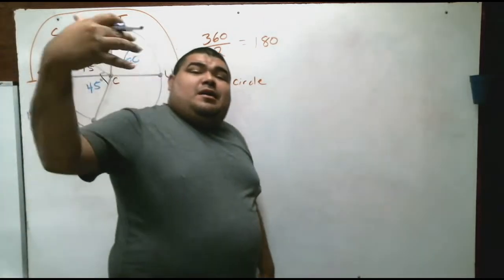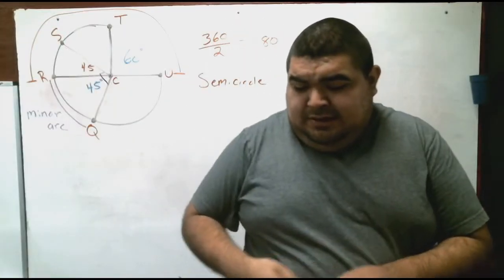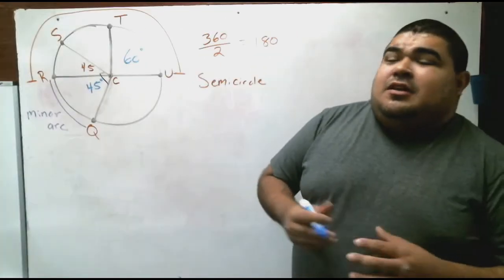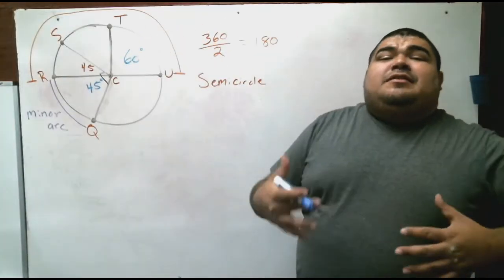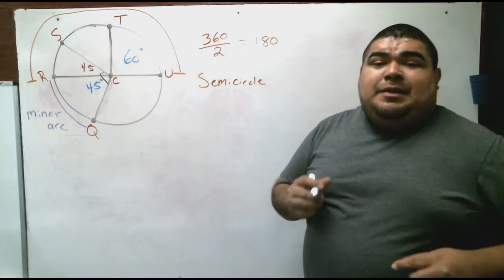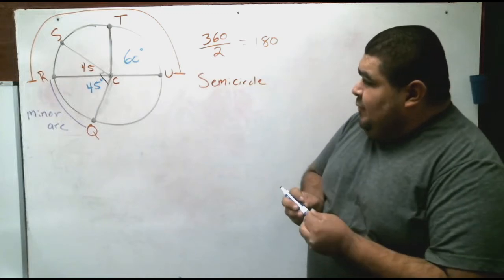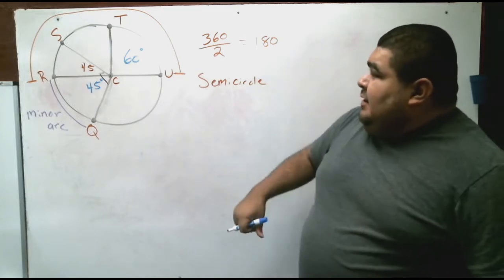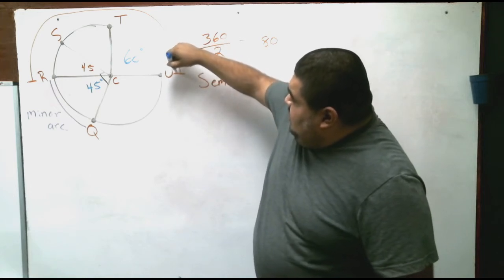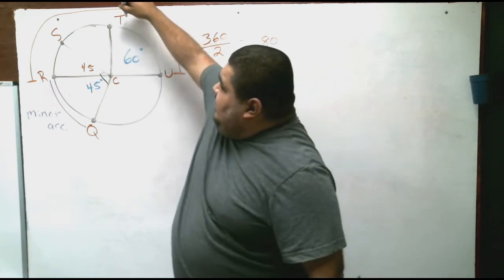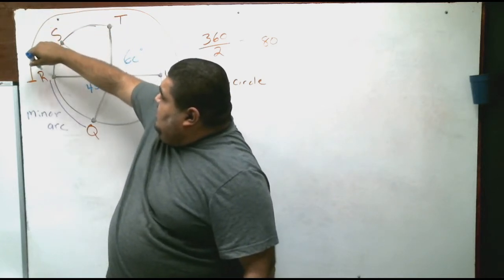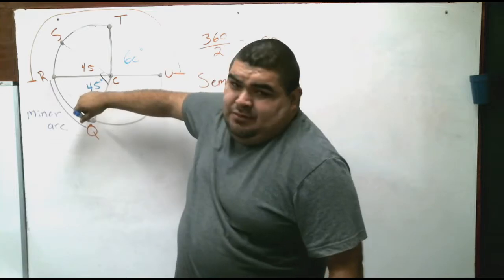Anything above, okay, 90 degrees, okay, so I guess not the whole circle completely, but anything above 90 degrees, less than 360, it's what's known as a major arc. For example, we can say that if we went from U and went up to T, to S, to R, and to Q, okay?